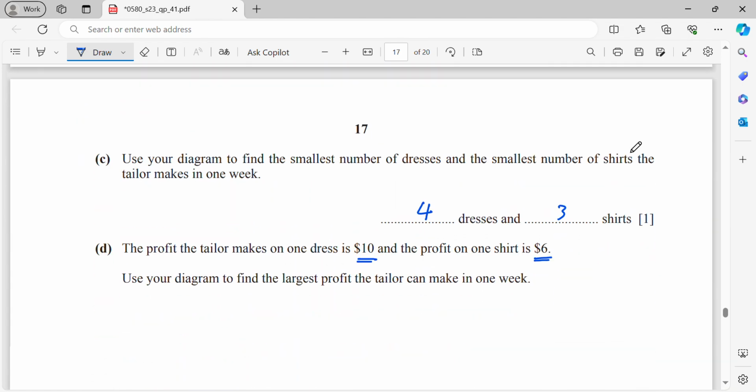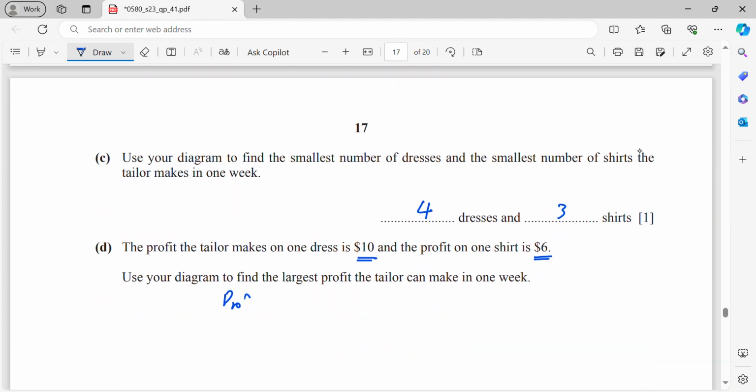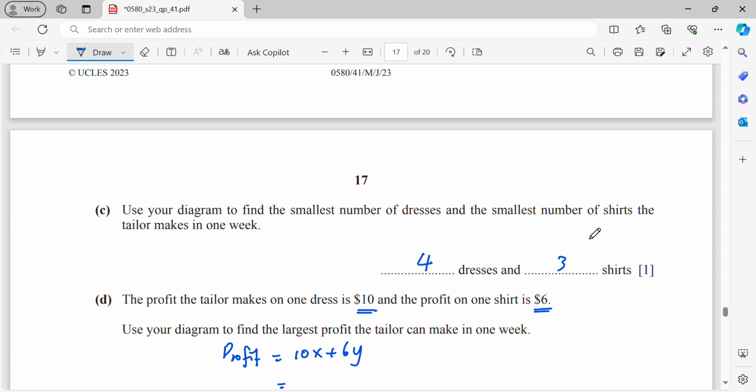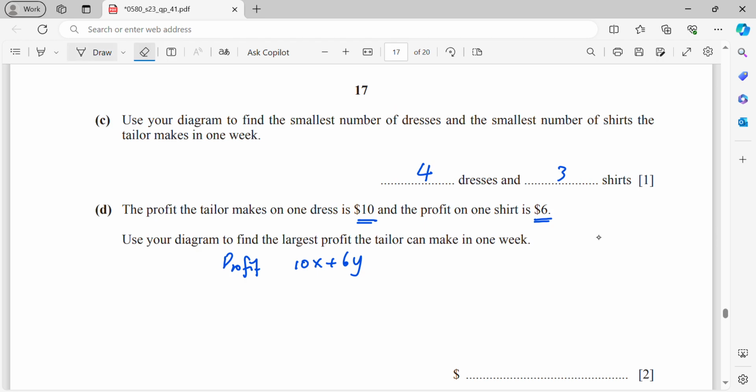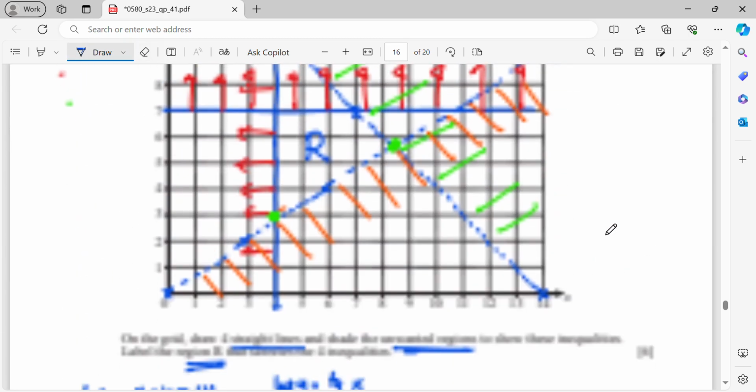So now profit will be 10x plus 6y. Let the profit be P. So you have to draw this line because you need to use a diagram to get this.